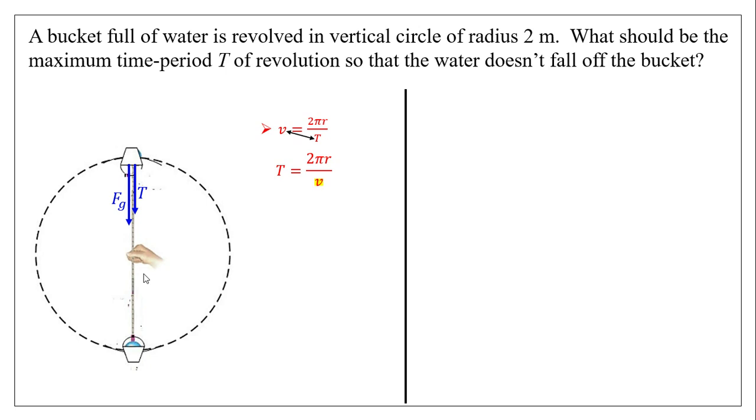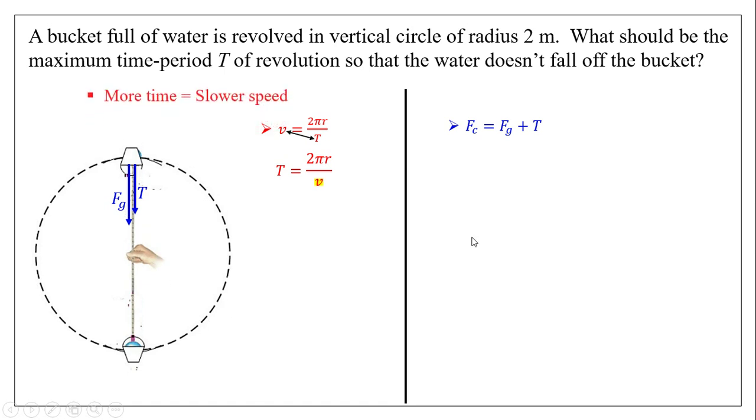If I set up the centripetal force for the bucket at the top of the vertical circle, because the only place the water can fall out is at the top, right? We're trying to find the maximum time period for this not to happen, implying at the top of the circle. Well, F of c at the very top of the circle is F of g plus T, because both of these vectors are pointing down the page.